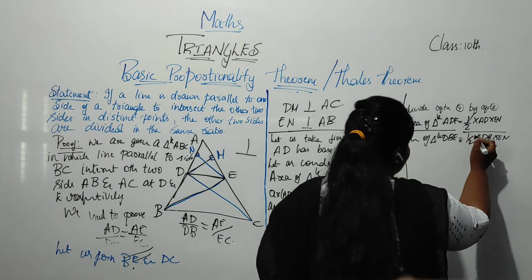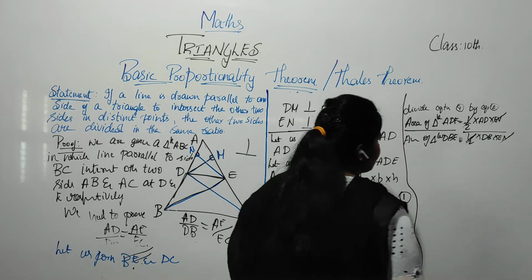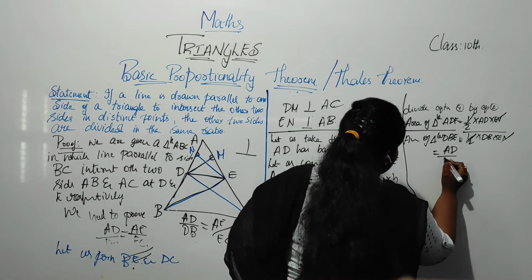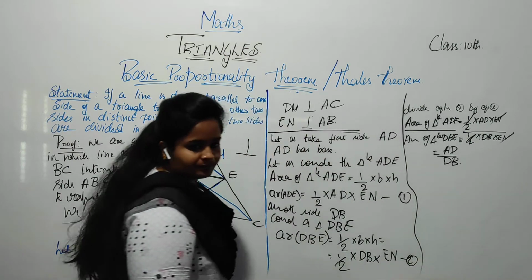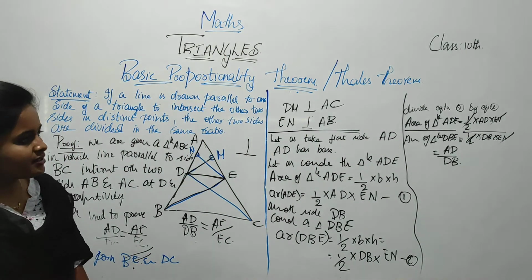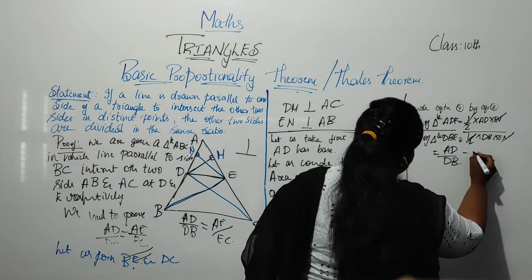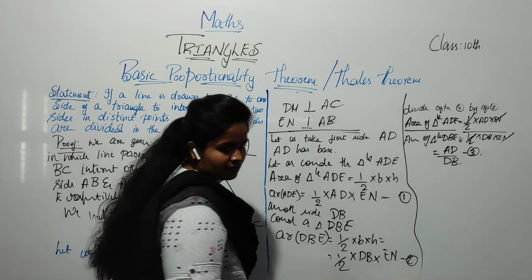So here half gets cancelled, EN gets cancelled. The remaining term is AD by DB. I mark this as equation 3.